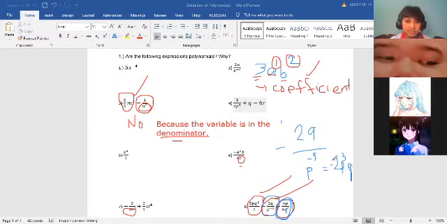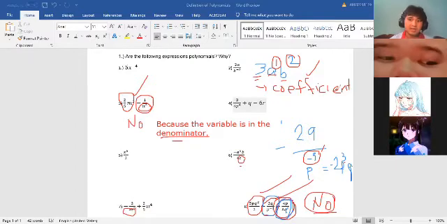So that's not negative anymore. If I change that to positive 3, that's a monomial. But the third one is not a monomial. That is why for the whole expression, the answer is no, because of the third term. So first and second, yes, but the third term is not, so no.